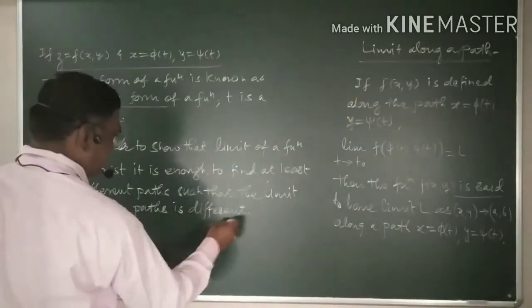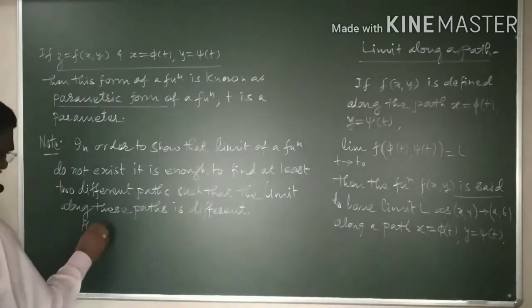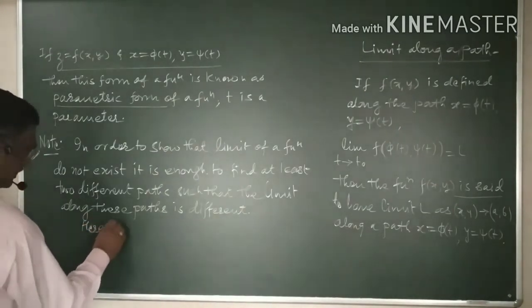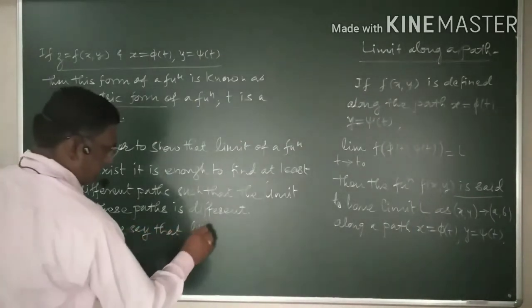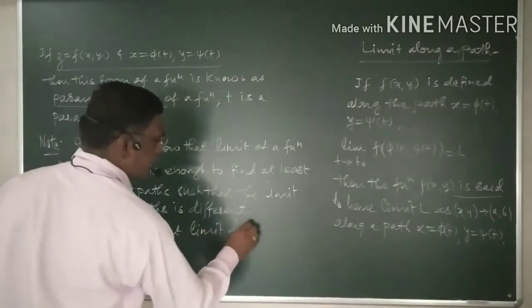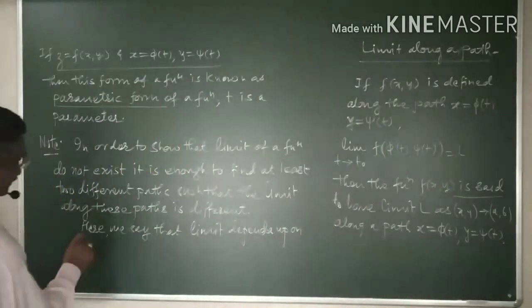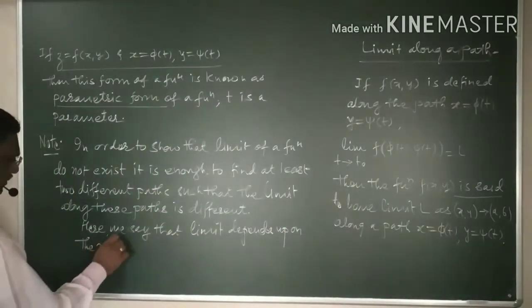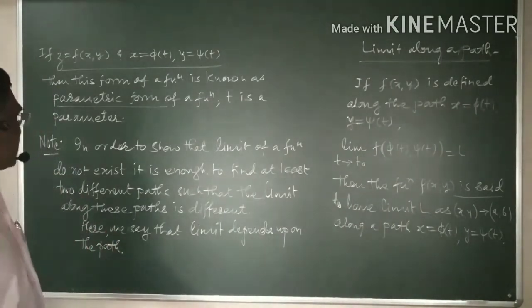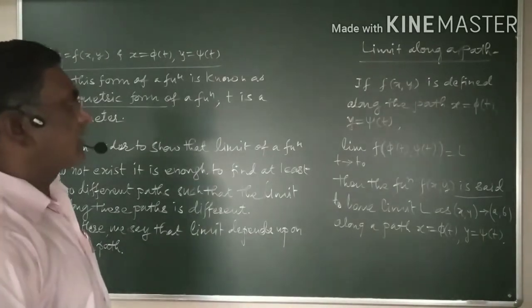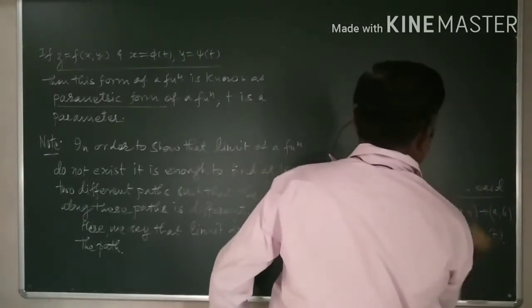Now, if this is happening, then we say that the limit depends upon the path. This is what we need to keep in mind, the trick while we are going to solve the problems over this one.